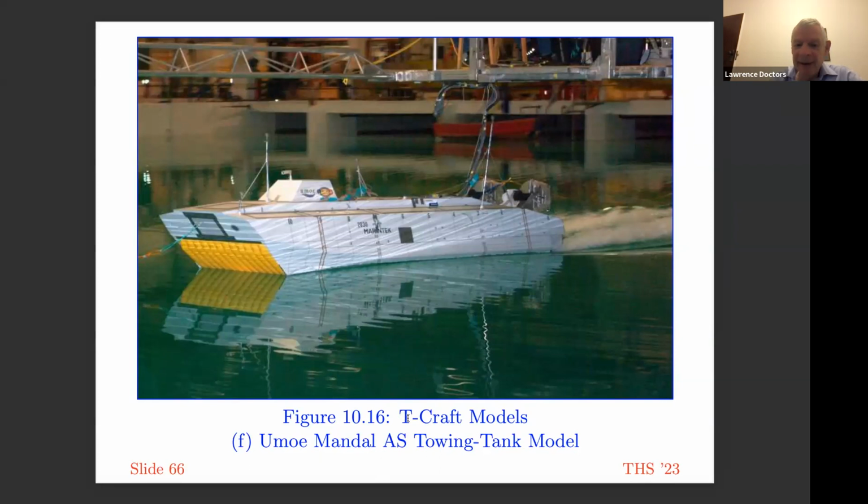The letter T stands for transformable, because the craft was supposed to be able to operate as a catamaran at sea, convert to a surface effect ship in order to travel faster, and then eventually to convert to a fully skirted air cushion vehicle for landing on the water, on the ground. This is a model which was tested by Umo Mandel.